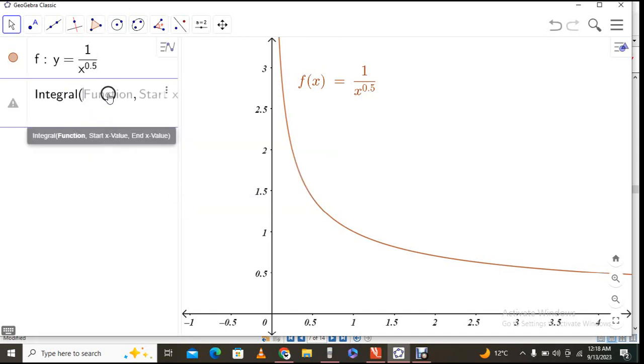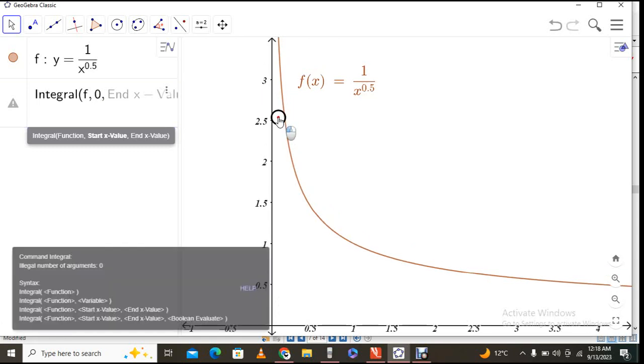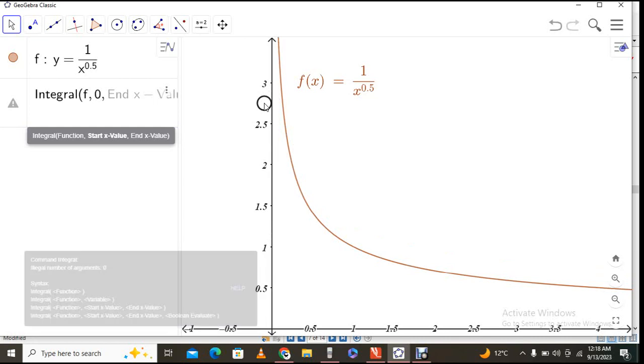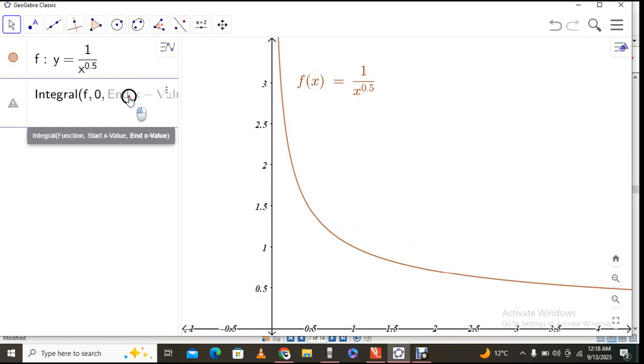The function is f, and I cannot start from 0. If I put 0 as a starting point, I'm implying that this graph is going to cut the y-axis, but it's not possible. And it's going to end at 1. You see that it says undefined.